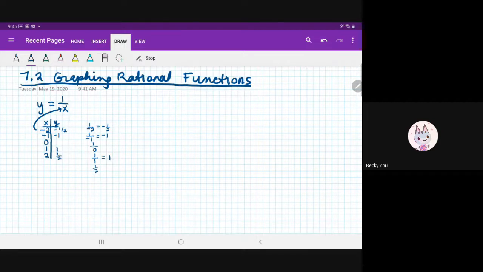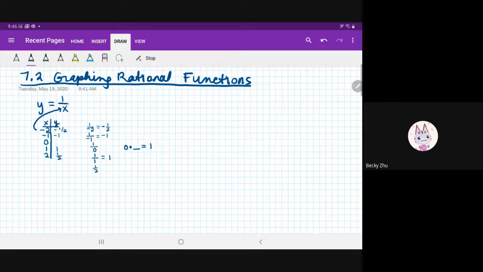So 1 divided by 0. That means 0 times what number equals 1? Well, 0 times 0 is 0, and 0 times 1 is 0.